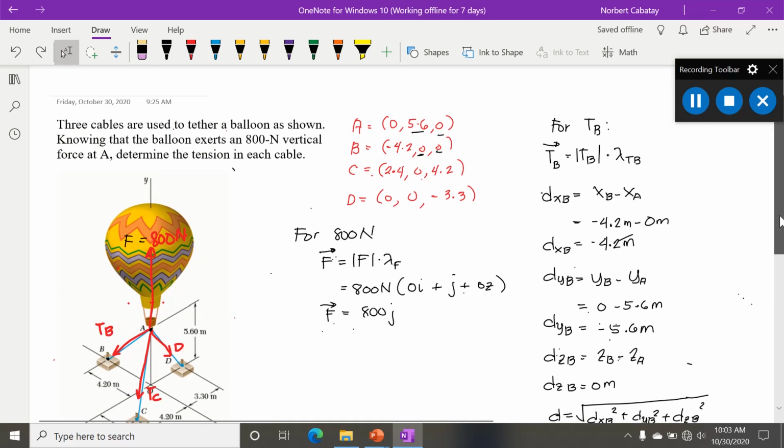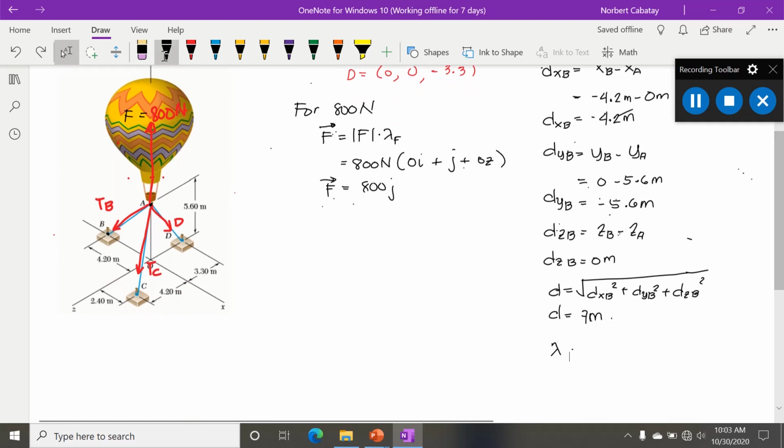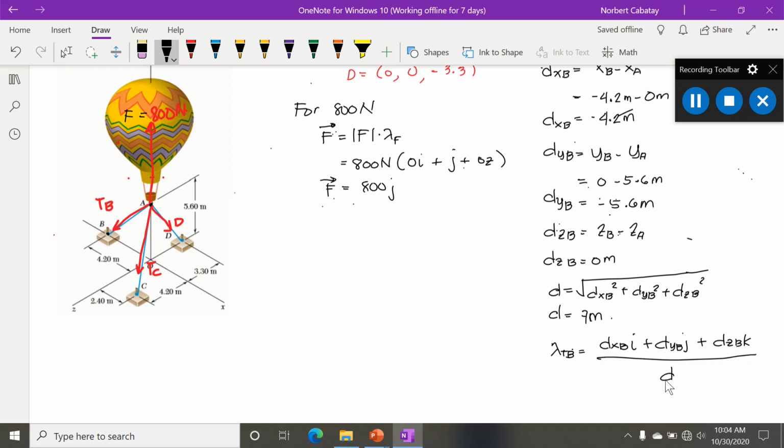Lambda ni tension B is equal dun sa D sub xB i plus D sub yB j plus D sub zB k all over D. Naalala nyo? So, lambda is equal to negative 4.2 i minus 5.6 j plus 0k.